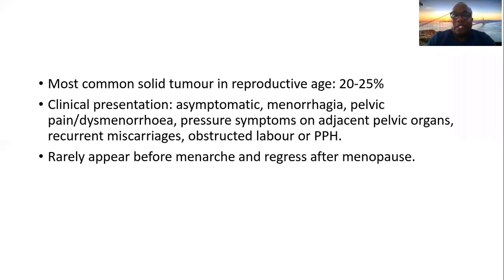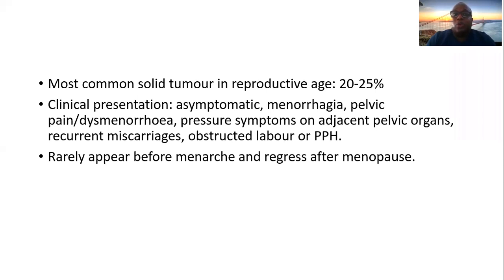And then we have pressure symptoms on adjacent pelvic organs. We know that the fibroids, because they have a mass, compress the urinary bladder and the rectum, and you can get symptoms arising. We also have recurrent miscarriages, that is loss of pregnancies due to the uterine fibroids.